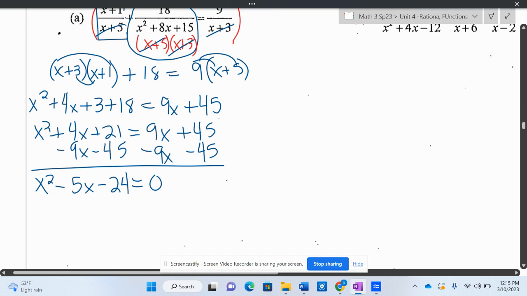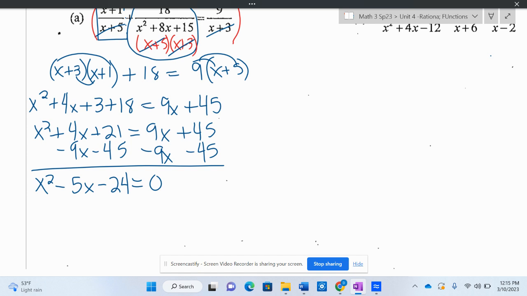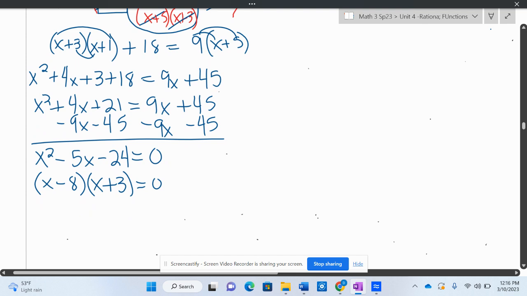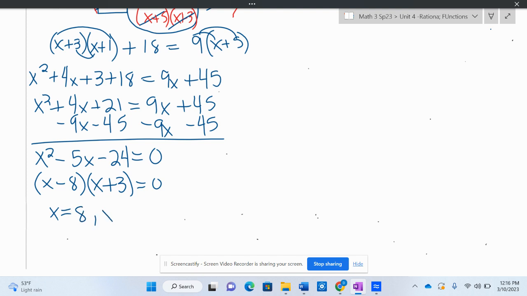Two numbers that I can multiply together to get a negative 8 and a positive 3. X minus 8 times x plus 3 equals 0. So my two solutions are what? X equals 8 and x equals negative 3.